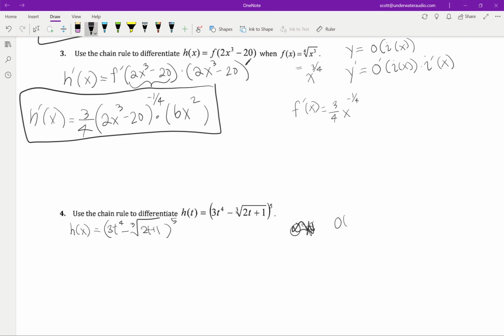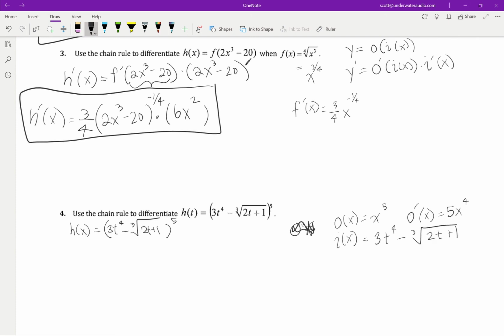So the outside function, I believe, is x to the 5th, and the derivative of that would be 5x to the 4th. And then my inside function, I of x, that's the inside bit, 3t to the 4th minus the cube root of 2t plus 1.